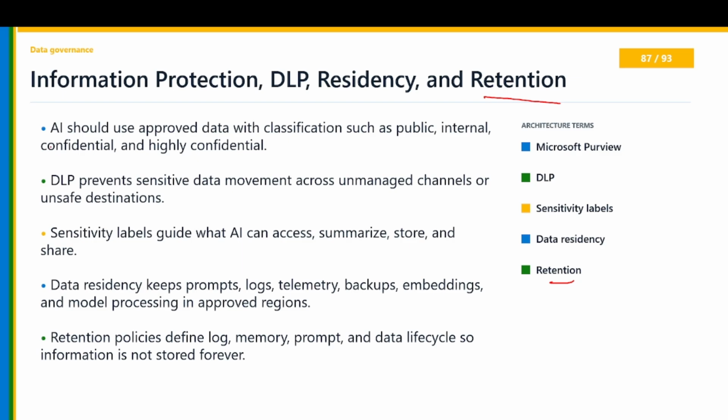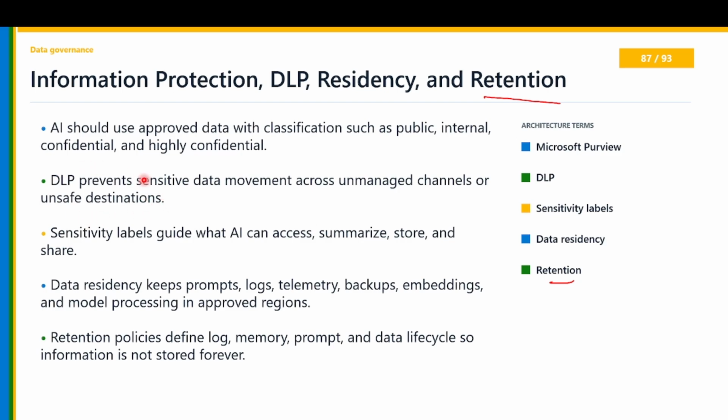So let's look at the points one after the other. AI should use approved data with classifications such as public, internal, confidential, and highly confidential. Very, very important that you classify data as public data, internal data, confidential, and highly confidential. This can be done in Microsoft Purview. Data loss prevention, DLP, prevents sensitive data movement across unmanaged channels or unsafe destinations.